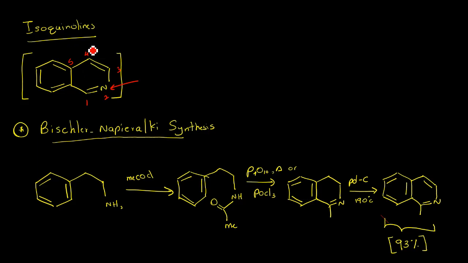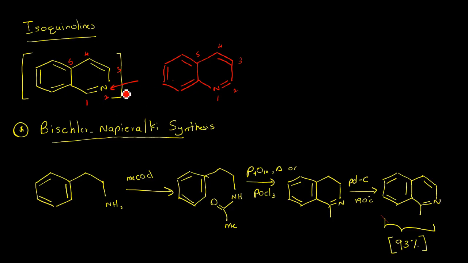But in the case of quinolines, if you remember, this is quinoline. If I do the same numbering system here, the heteroatom, or the nitrogen atom, positions at the number 1 position.